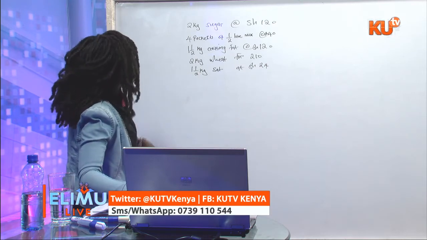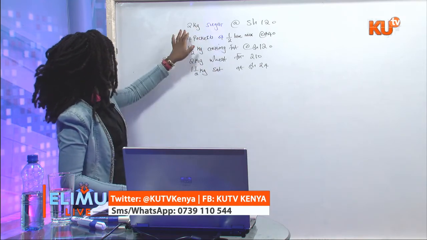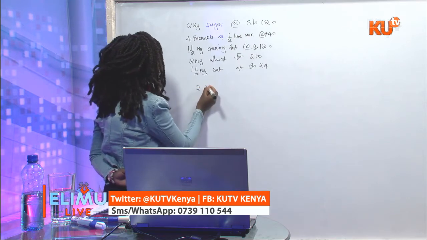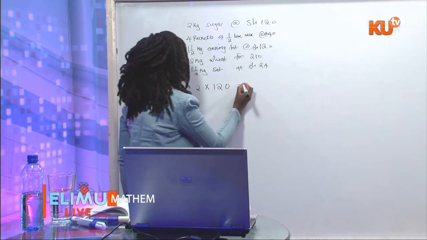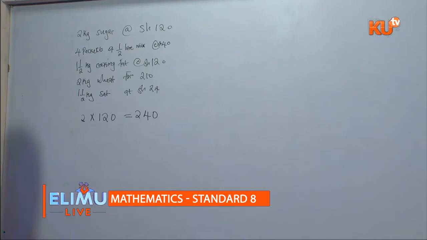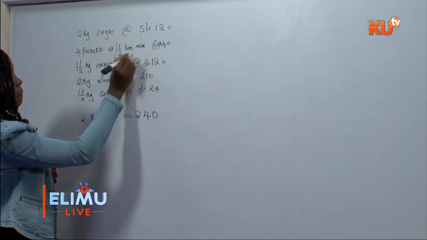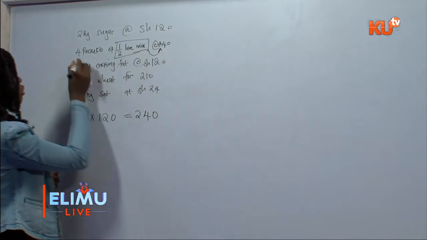2 kgs of sugar at 120 shillings. So it is the number of kgs bought times the cost of 1 kg. That is 2 times 120, we get 240 shillings. Then 4 packets of a half-liter milk at 40 shillings per packet. So 1 packet of a half-liter cost 40 shillings, and she bought 4 packets.